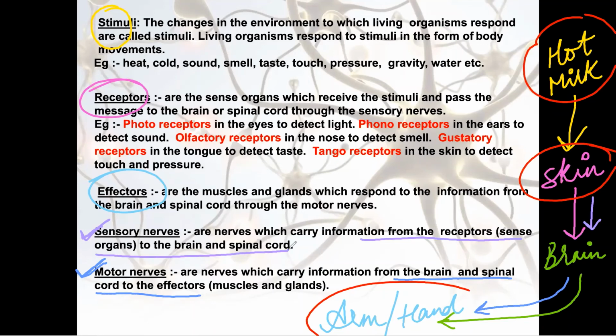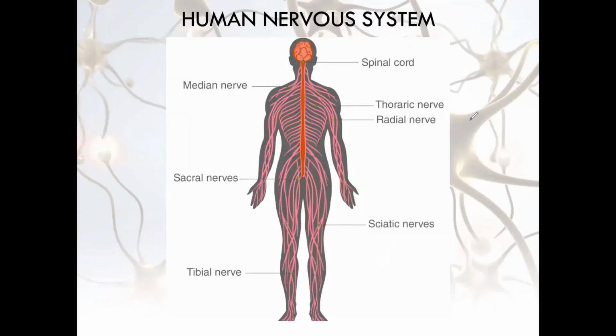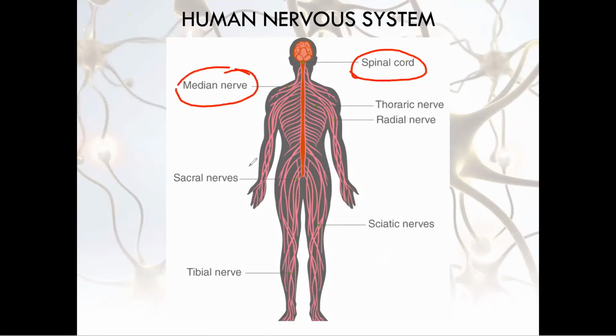The stimulus, receptor, sensory nerve, processing unit, then motor nerve and effector. This is what a human nervous system is. A human nervous system is composed of the brain, the spinal cord, and different types of nerves that come under the peripheral nervous system.